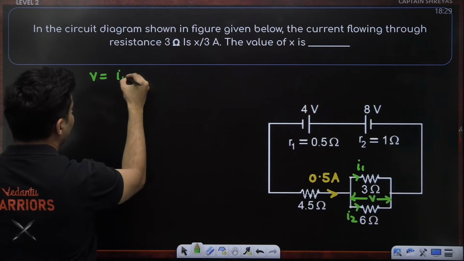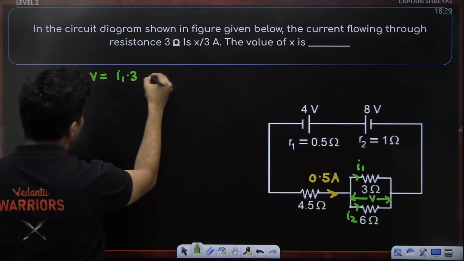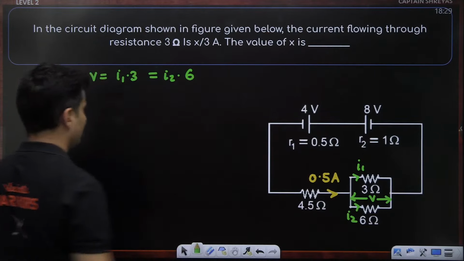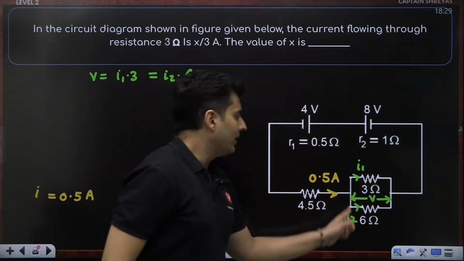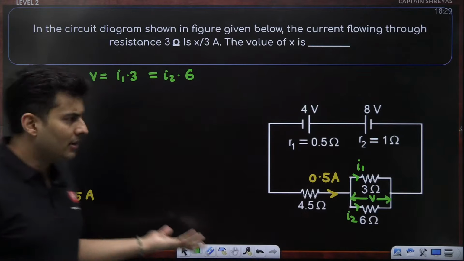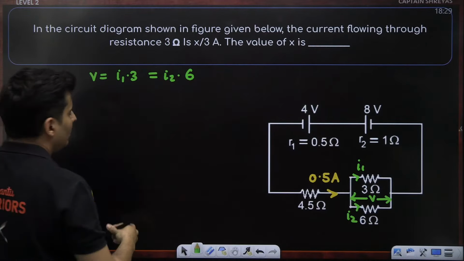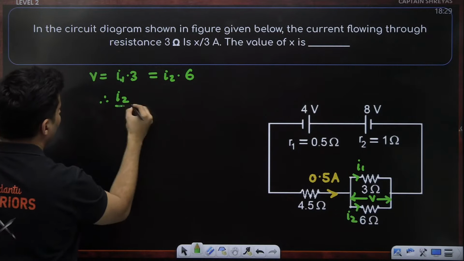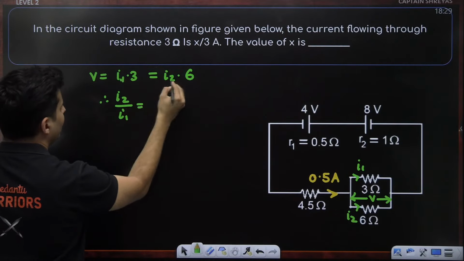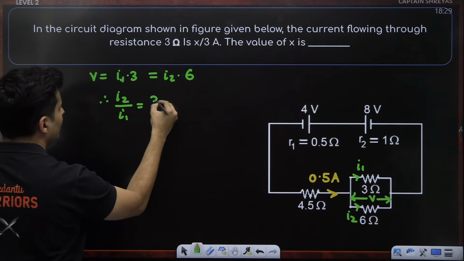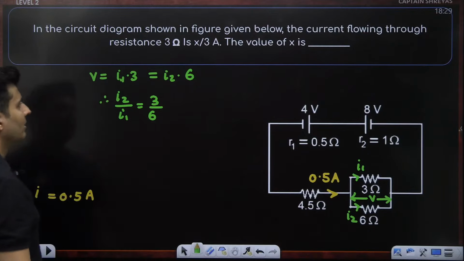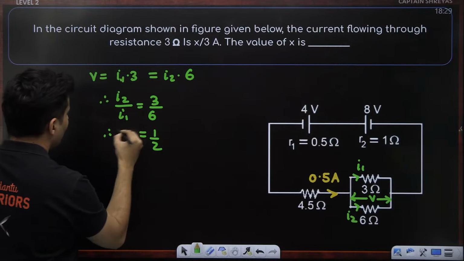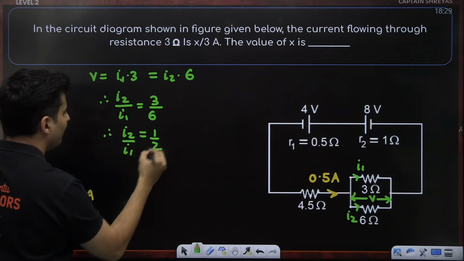I can say it is I1 into 3, which is also I2 into 6. I into R is the voltage, correct? So how about this now? Take I1 below, I2 by I1 will be 3 by 6, which is basically 1 by 2.